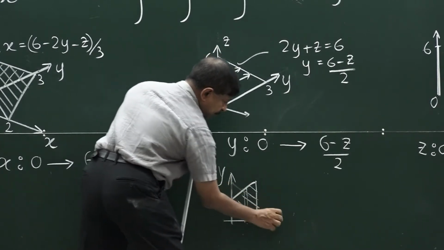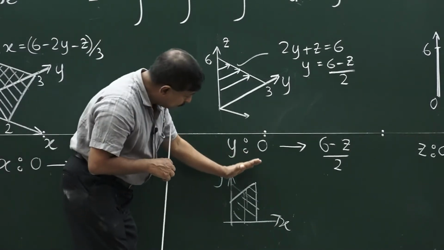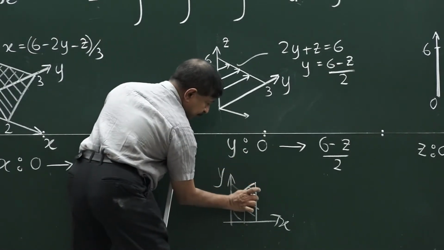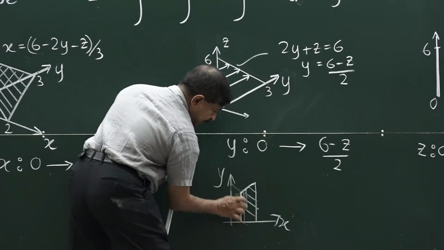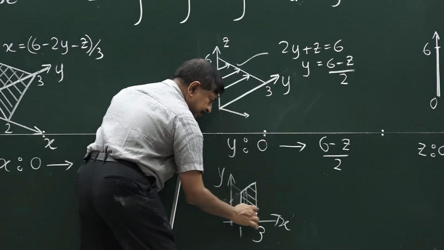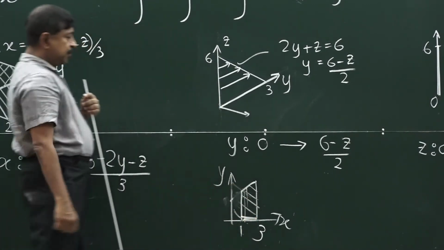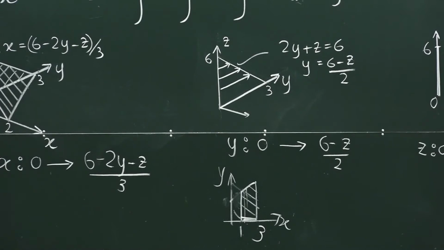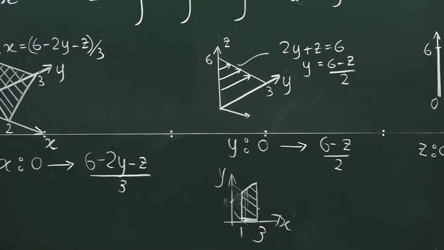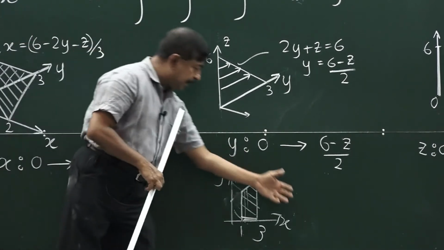There we considered x as the second variable. It is not the exact area, it is something like this. Then we project everything to x, you get this line segment. So, the lower limit of x should be 1, upper limit should be 3. That is how it goes in the double integral.